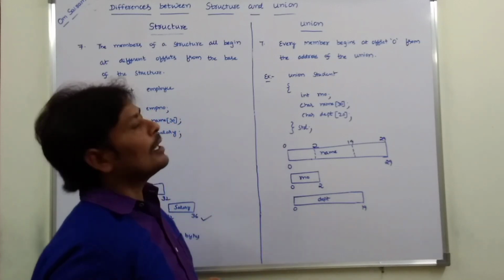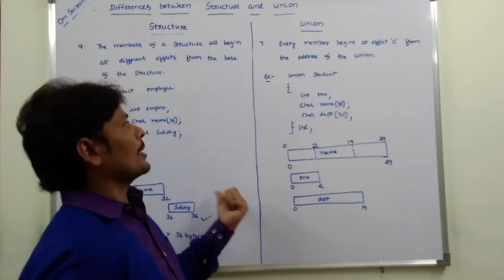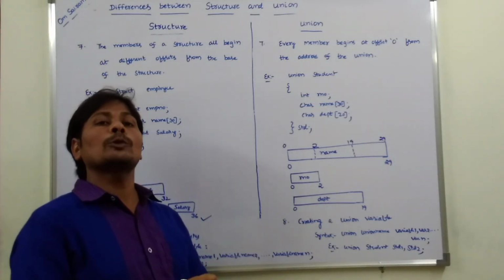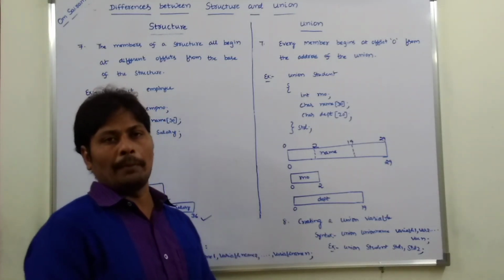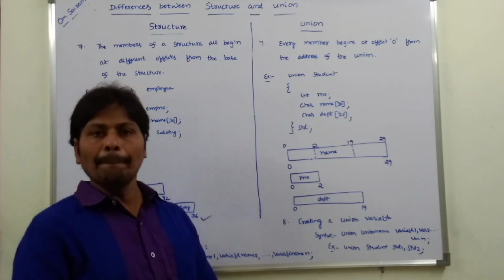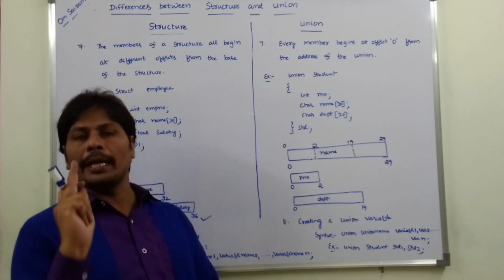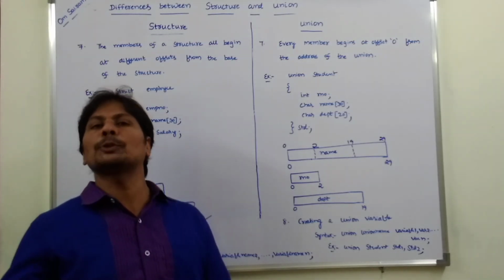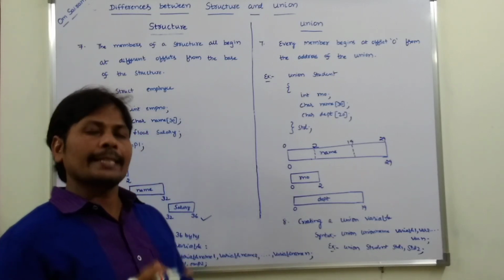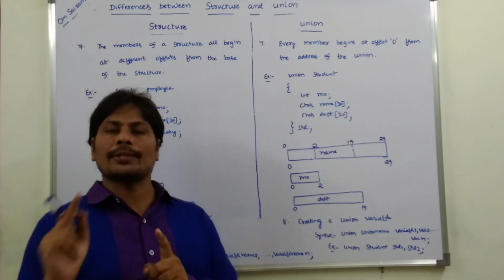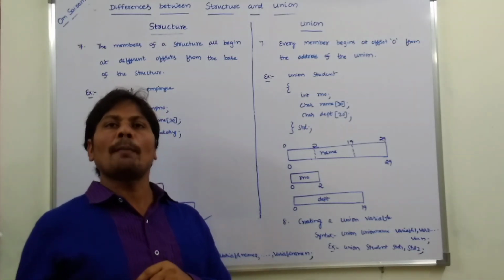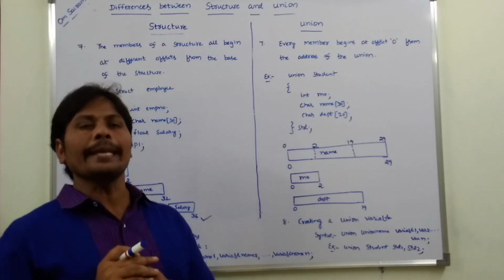So this is one of the differences between structure and union. The last difference is how to create a structure variable. The syntax is struct, structure name, variable name 1, variable name 2, variable name 3 up to variable name n, semicolon. For example, struct employee emp1, emp2, up to empn.